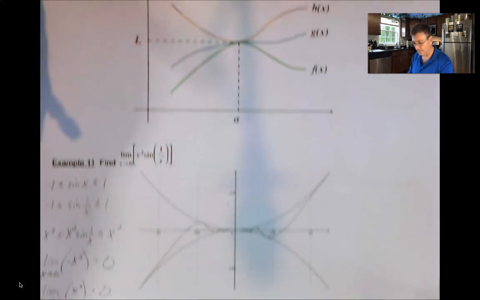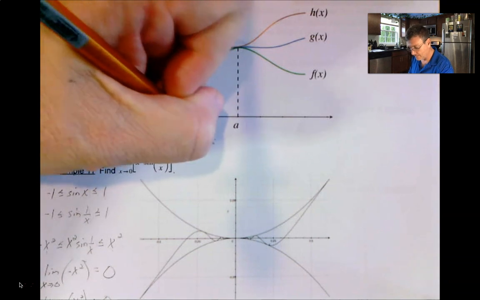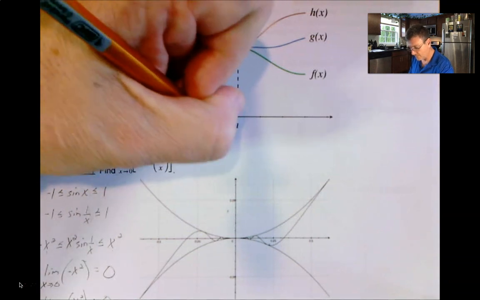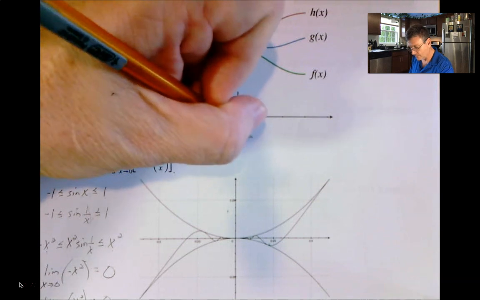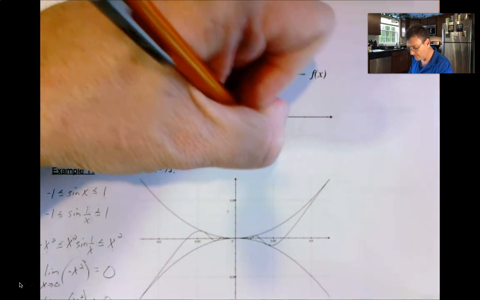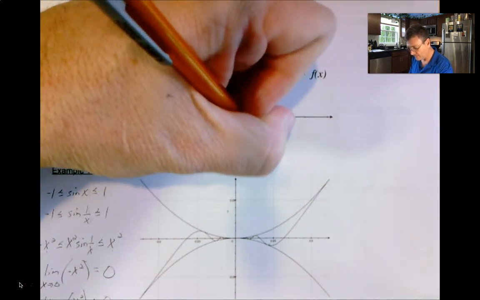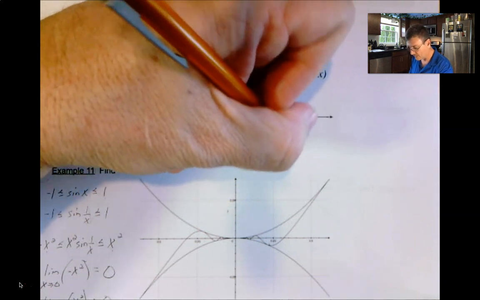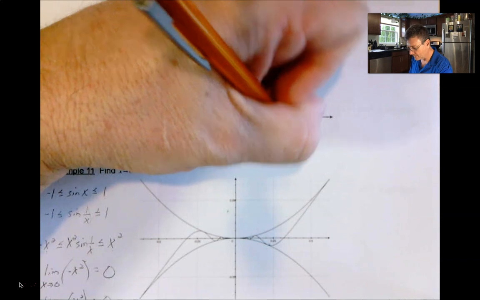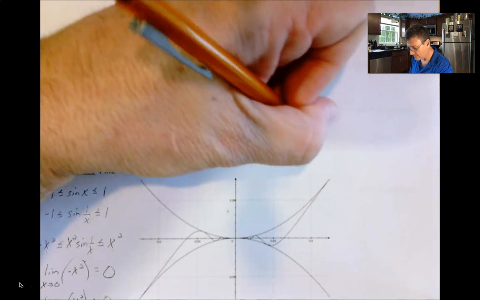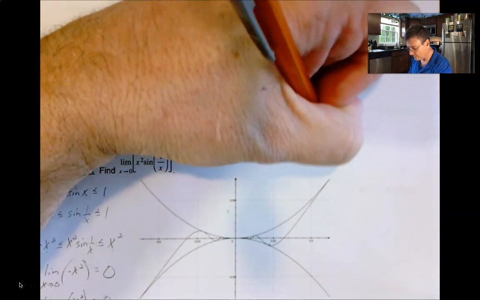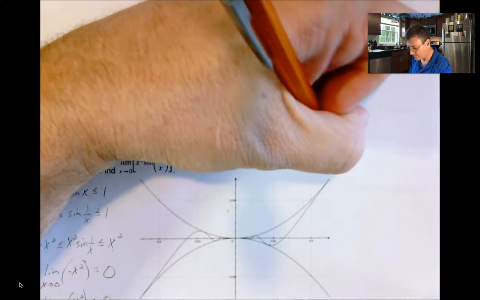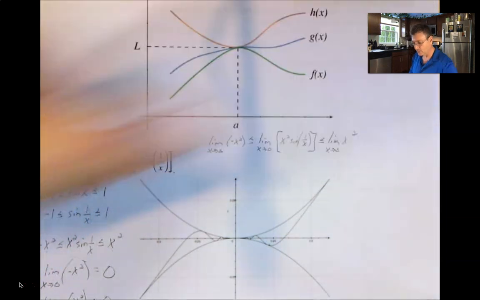I'm going to write above here the limit as x approaches 0 of negative x squared is less than or equal to the limit as x approaches 0 of x squared sine 1 over x is less than or equal to the limit as x approaches 0 of x squared.